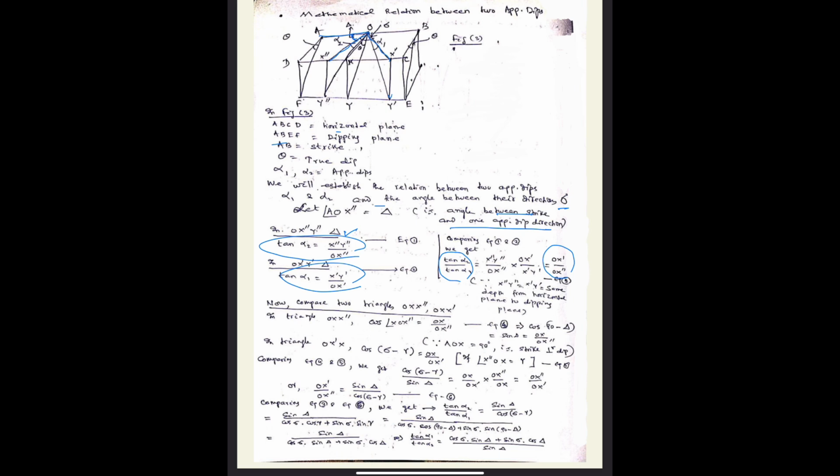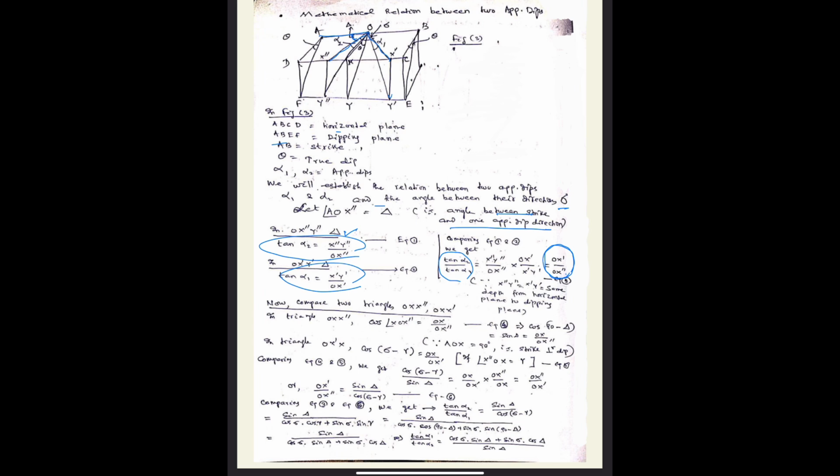Now compare the two triangles OX dash X double dash X and OX dash X. In the previous formula, tan alpha 2 by tan alpha 1, we have got the two terms OX dash and OX double dash. We have to eliminate them in terms of the angles.